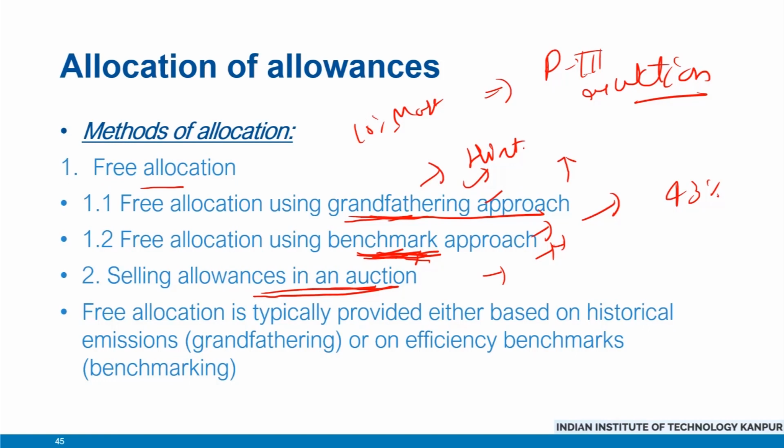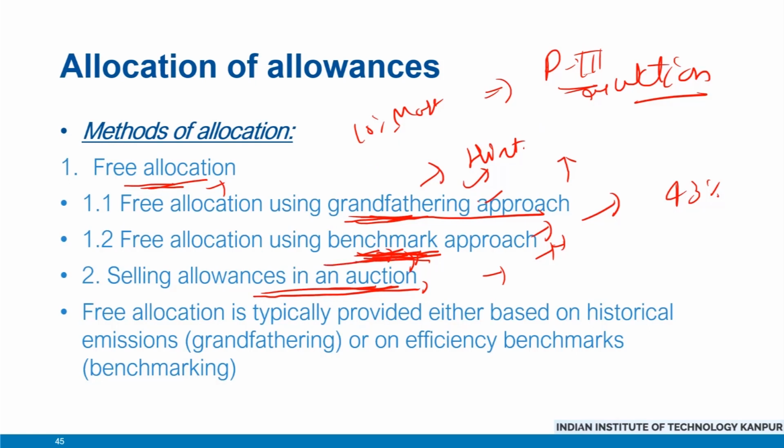To summarize this video, we discussed that in the ETS there are two methods of allowance allocation. One is the free allocation method and the second is the auction-based method. There are two sub-approaches for free allocation: grandfathering and benchmarking. It was found that the benchmarking approach is more efficient, and therefore from phase 3 onwards, when a lot of learning had happened, free allocation was done through benchmarking.